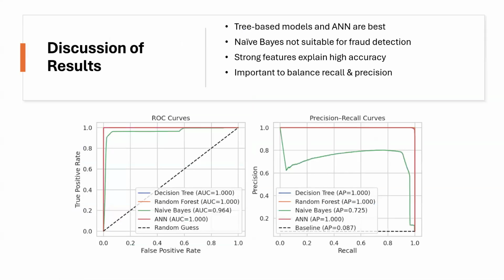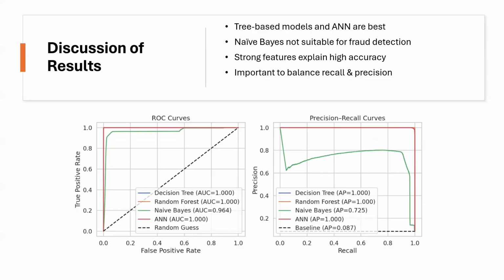This is the discussion of results. In this, you can see both charts. Tree-based models and ANN are best. Naive Bayes is not suitable for fraud detection. Strong features explain high accuracy. It is important to balance recall and precision.